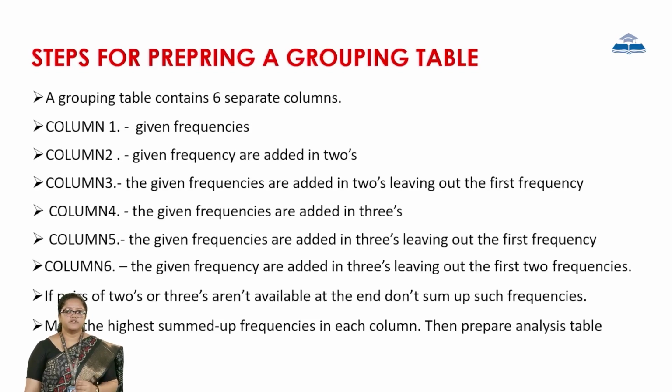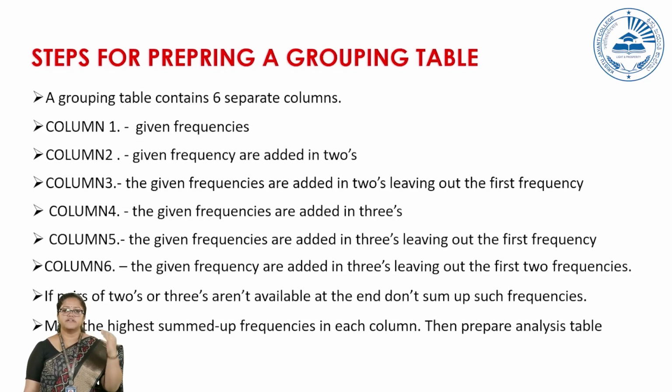In column 4 the given frequencies are added in 3s, and in column 5 we leave the first value and add the rest of the frequencies, clubbing 3 values and writing the sum in the 5th column. And in the 6th column the given frequencies are added in 3s, where we leave the first 2 frequencies.